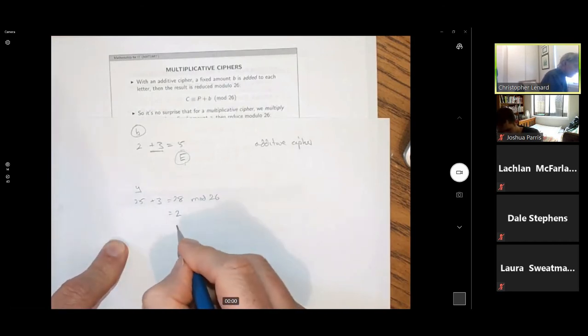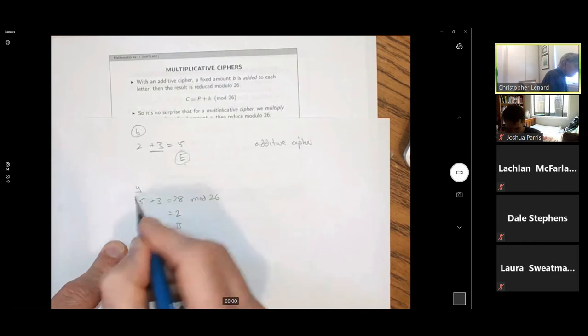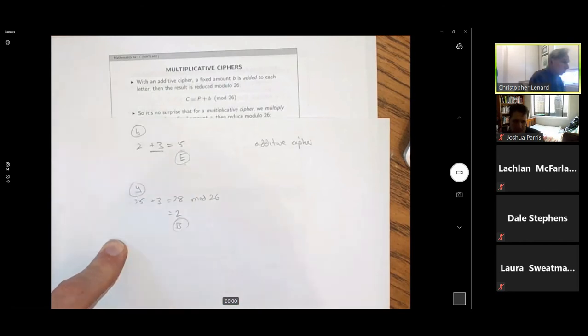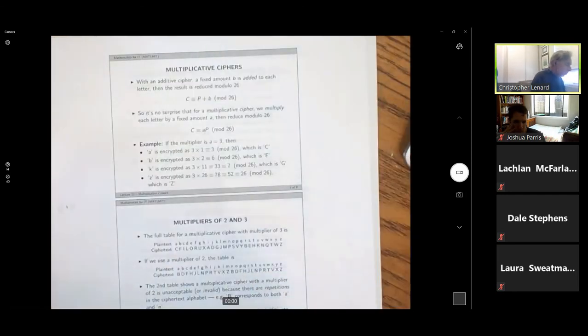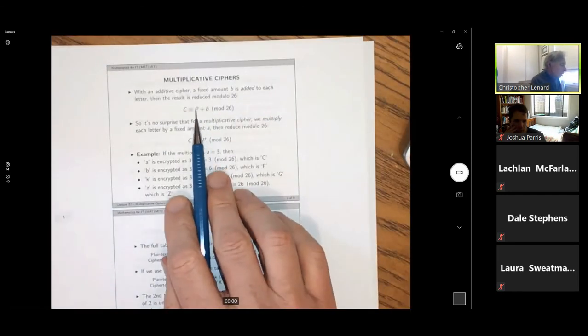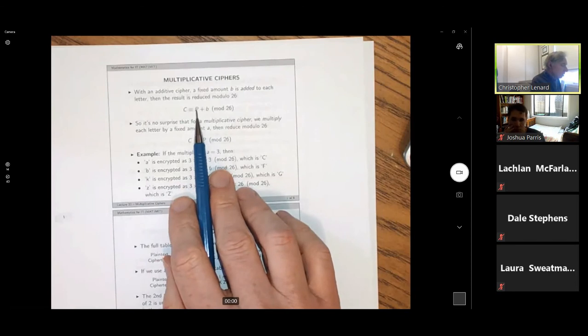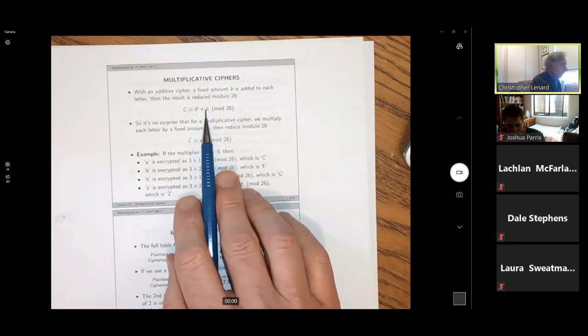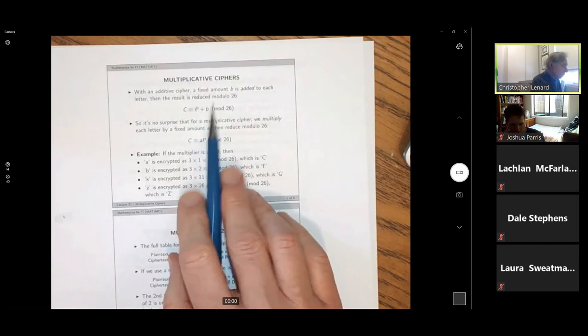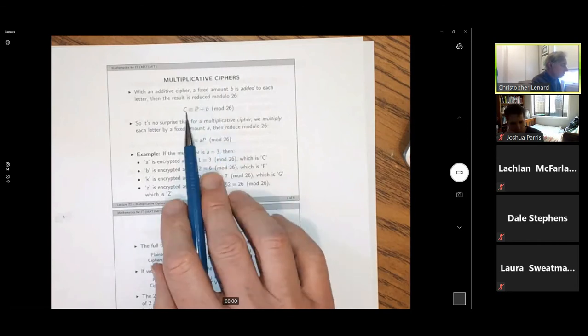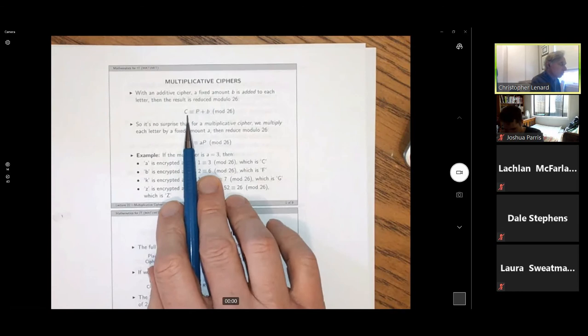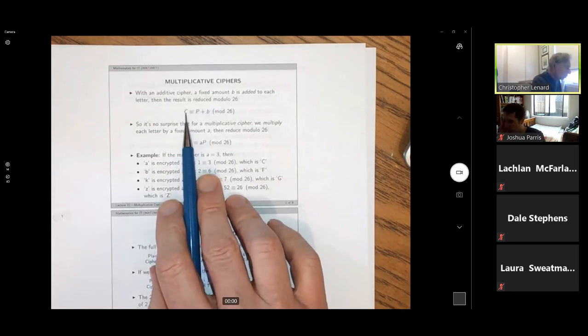And the second letter of the alphabet is B. So Y gets turned into a B. So take the plain text number of the letter, add a certain shift. That gives you, reduce mod 26 if you need to, the number of the ciphertext letter.